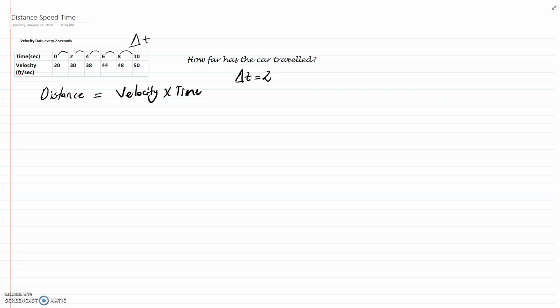So the velocity is increasing and the car is going at least 20 feet per second for the first 2 seconds. And since we know that distance is equal to velocity times time, the car goes at least 20 times 2 feet during the first 2 seconds. 2 seconds because each slice is 2 seconds, 20 because we have 20 on the first 2 seconds, it's going 20 feet times 2, 40 feet.